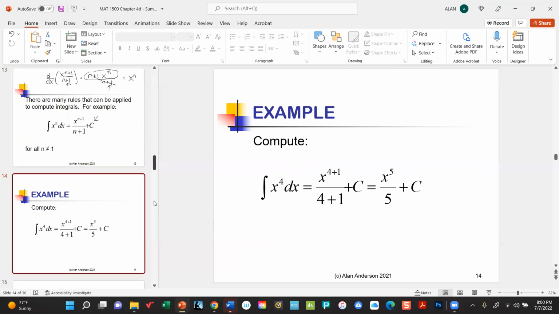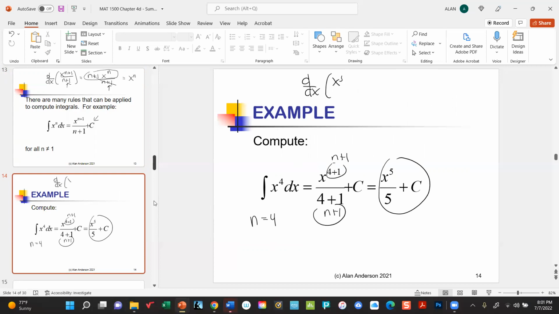What about x to the 4th power? What is its integral? Well, n is 4. That means that here we have n plus 1, n plus 1. So I end up with x to the 5th over 5 plus c. And if you want to differentiate that, that's it.